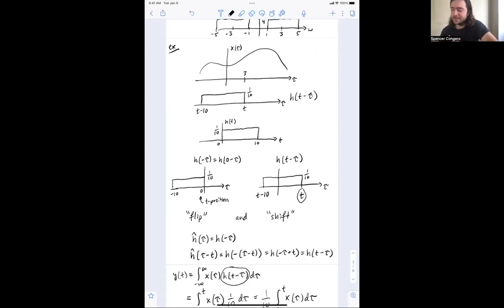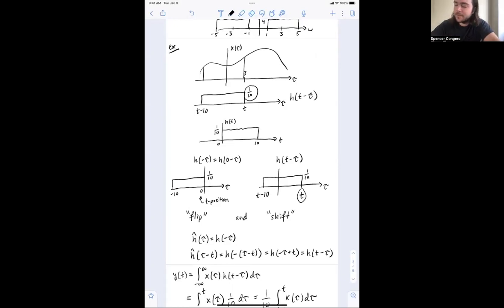So as we integrate, we multiply the weights from this function by x of tau at every value, and then add them up. That's where the weighted average comes from.